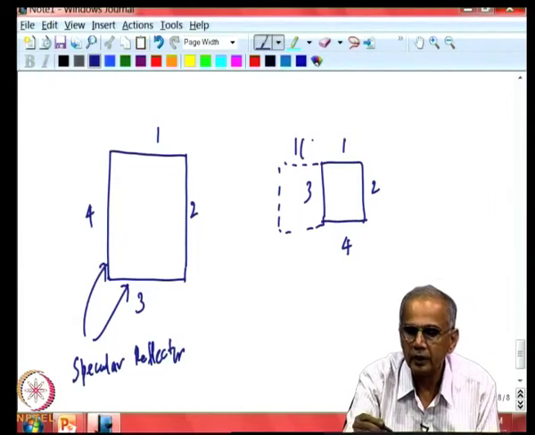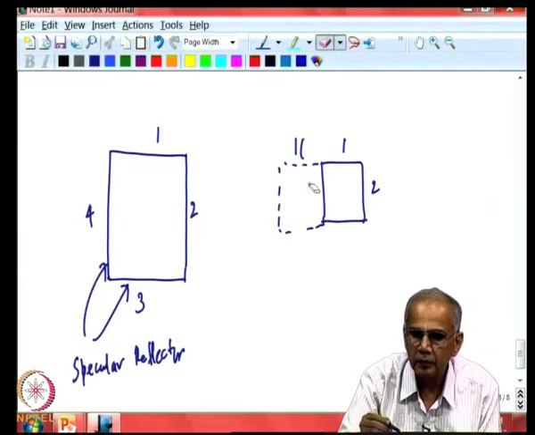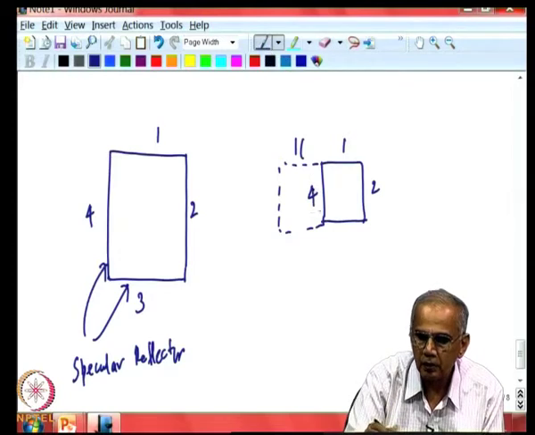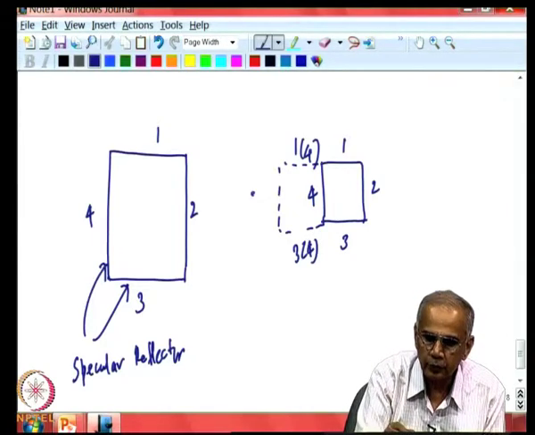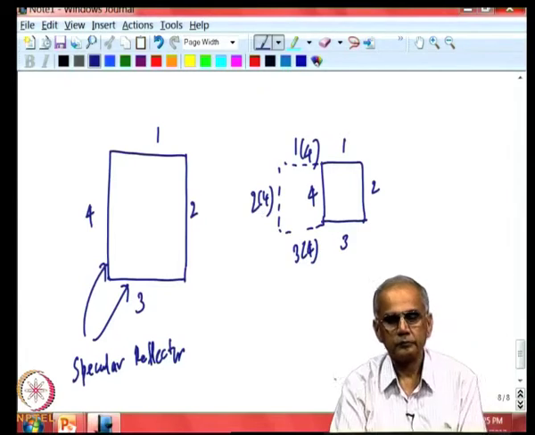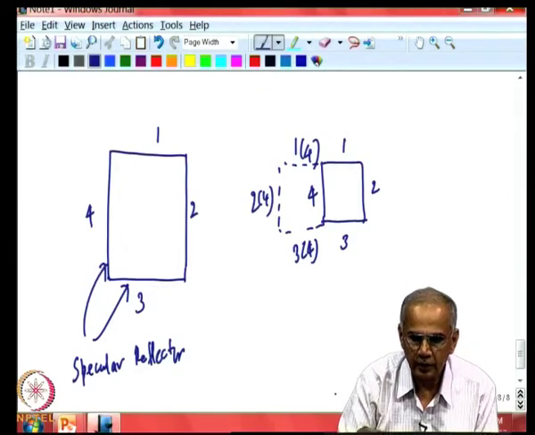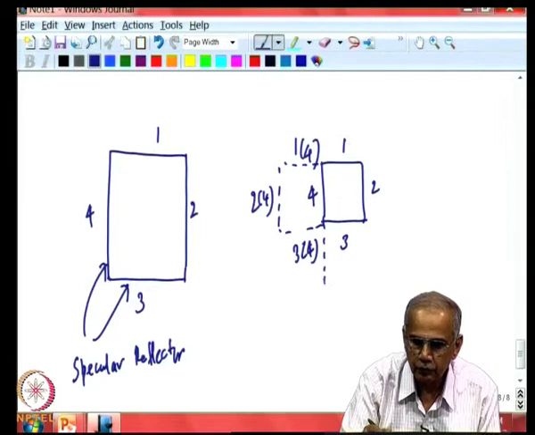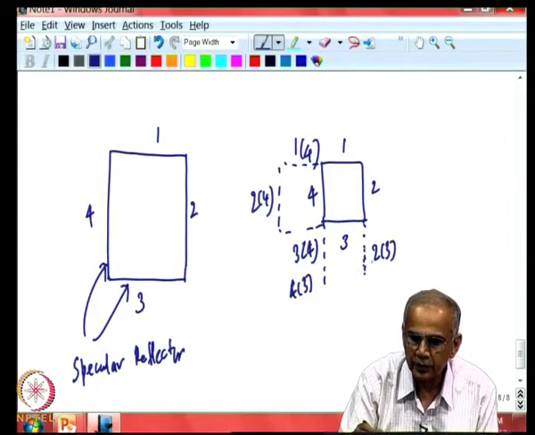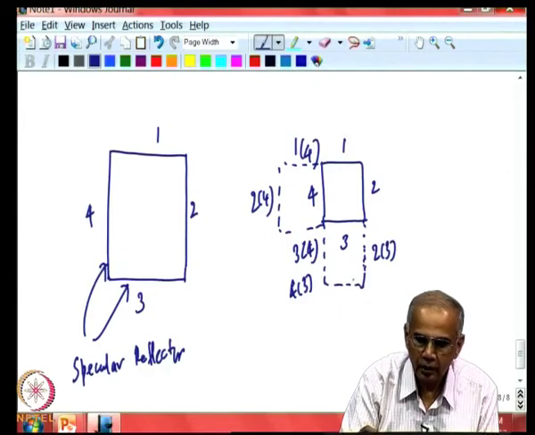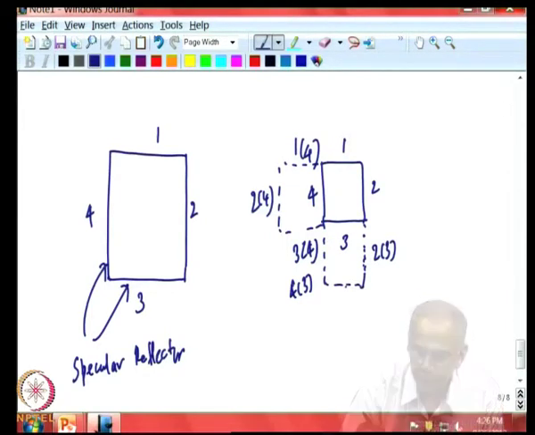I am sorry, I will rewrite this. Two and 4. Similarly, we have the image of 4 and 3, image of 2 and 3, and this is now a bit complicated, this part.